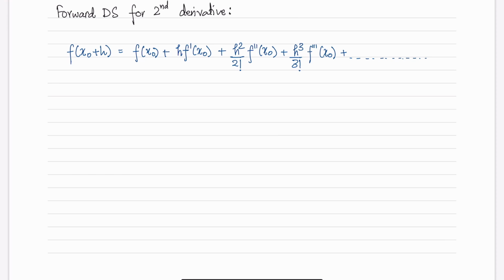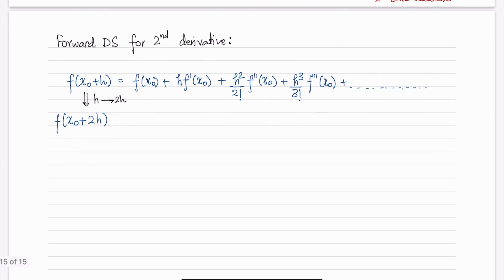So if I take the Taylor series expansion about the point x0 in order to get x0 plus 2h, you can think that I'm simply replacing h by 2h.